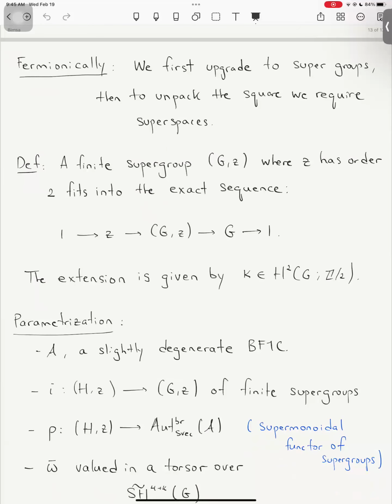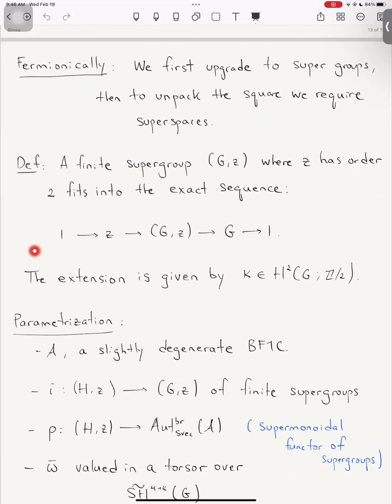And now I want to talk about the fermionic classification. So the first thing we want to do is upgrade to supergroups. As I said a little bit earlier, if you have a finite supergroup, earlier I called it G_F, but it's fine. You take Z to have order 2, so it's a non-trivial element that squares to 1.